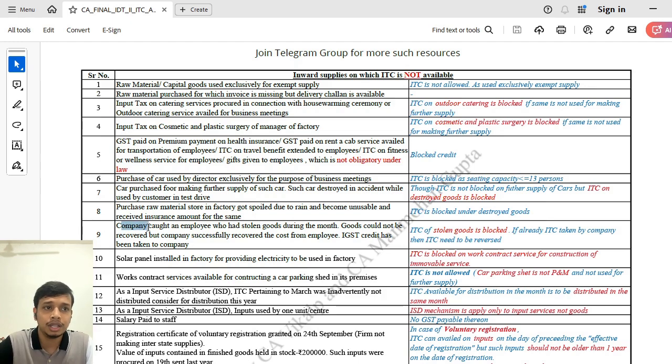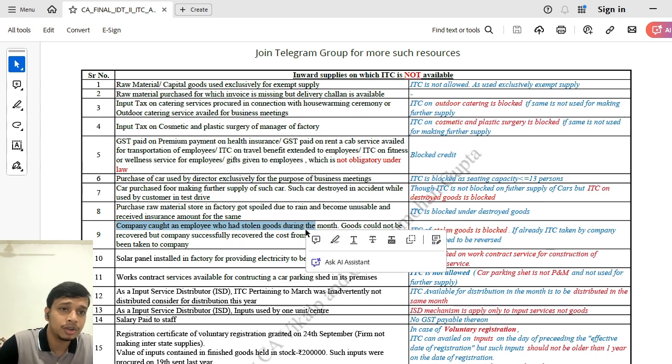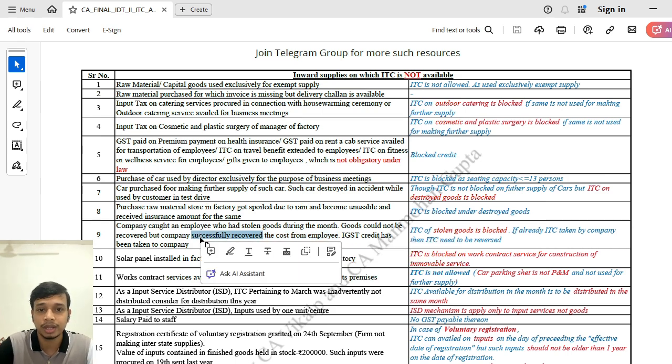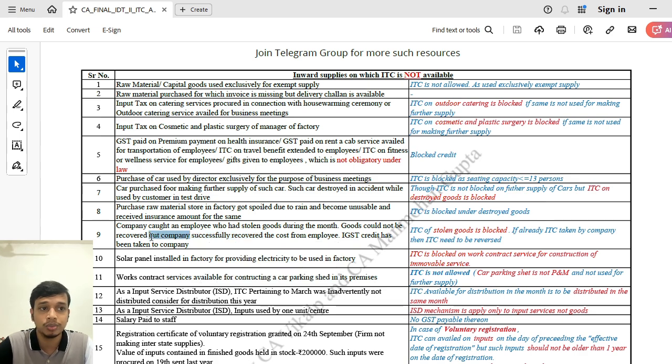Next, company caught an employee who has stolen goods during the month, and goods cannot be recovered, but company successfully recovered cost from employee, and IGST already availed on such goods. If IGST already availed and goods has been stolen, whether amount received from the employee or not, but goods have already stolen, so ITC need to be reversed in such case.